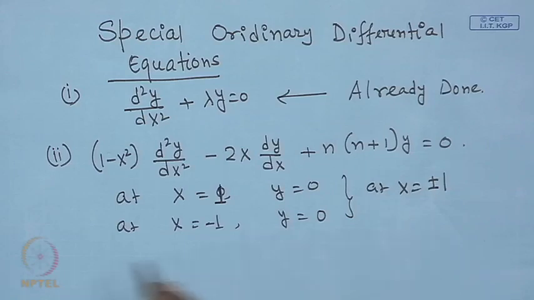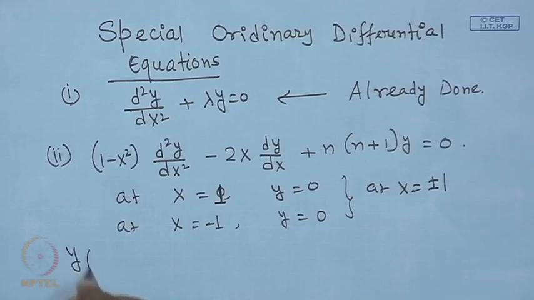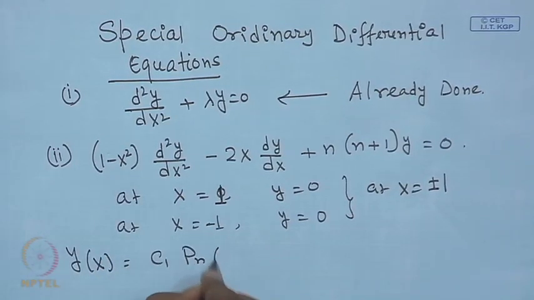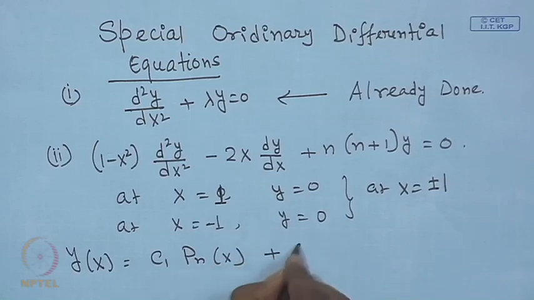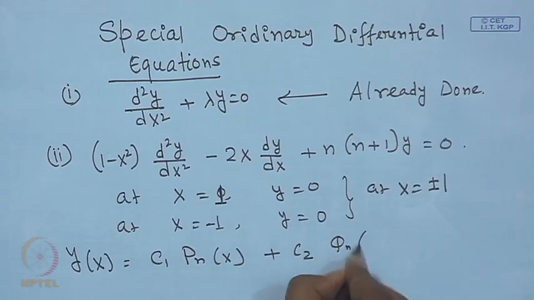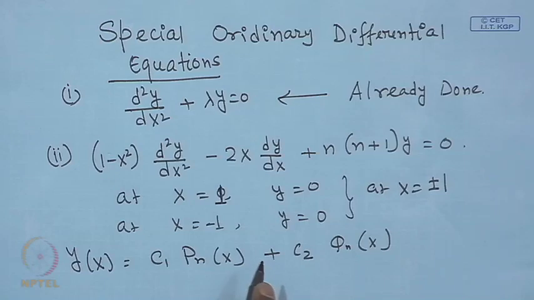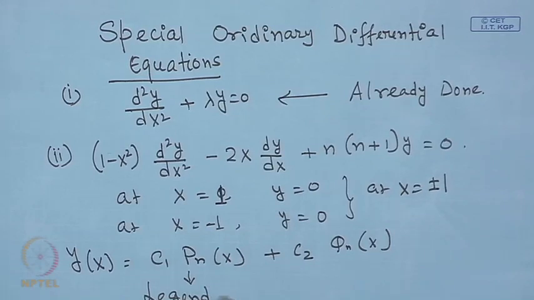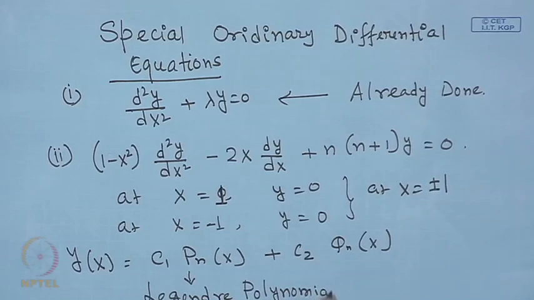The solution of this equation is of the form C 1 p n x plus C 2 q n x, where p n is known as the Legendre polynomial and q n is known as the Legendre function.